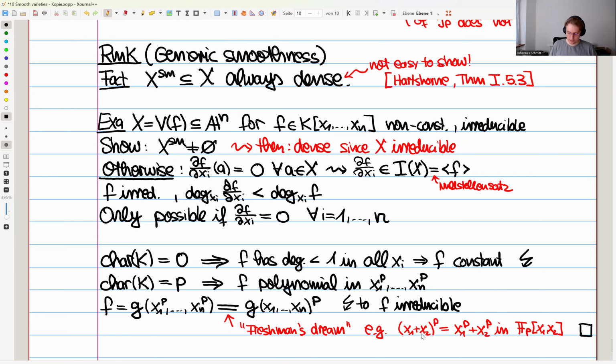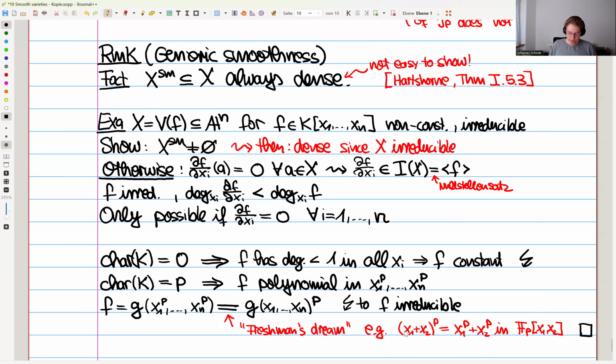Just drawing in a p-th power. But in characteristic p, this freshman's dream is actually satisfied and you can do it. The reason is in the formula for the binomial, if you expand this here, all of the binomial coefficients except for these extremal powers contain some factor of p. And so all of them vanish inside this Fp.